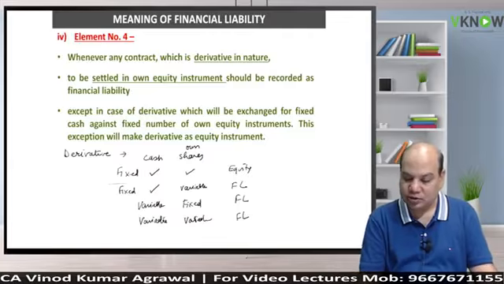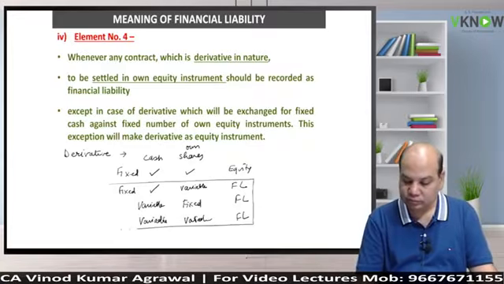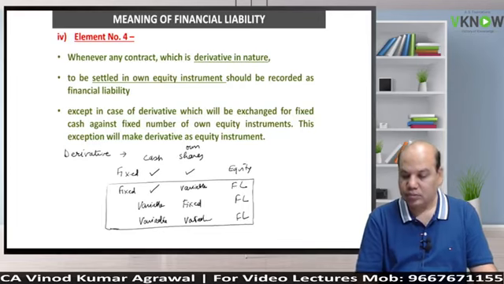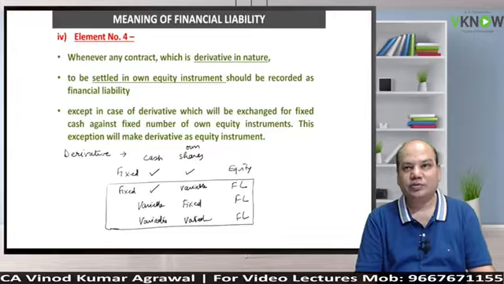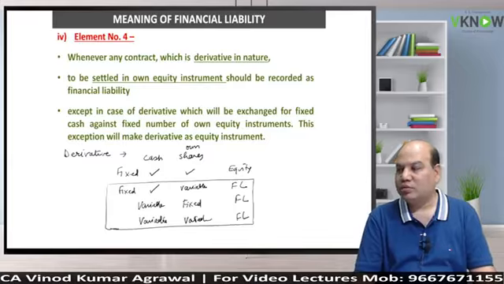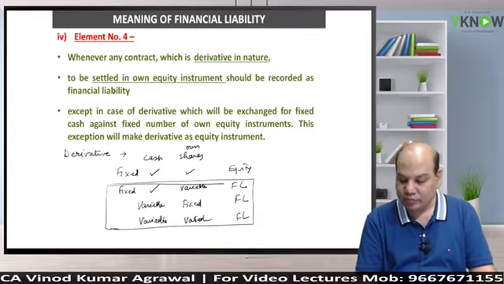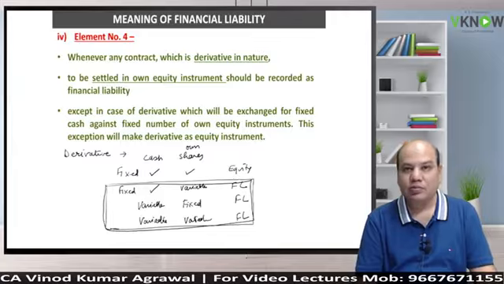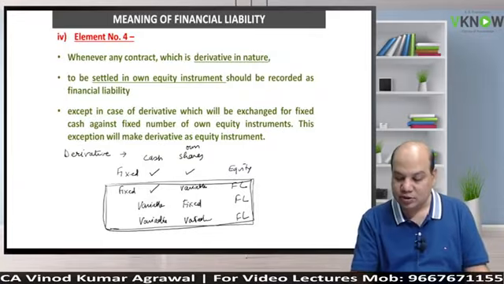In these three cases, the other party is also exposed to the risk. The counterparty is also exposed to the risk. So when you are transferring risk to the counterparty, in this case, the counterparty is not exposed to the risk. My mistake. In this case, he is exposed to the risk.